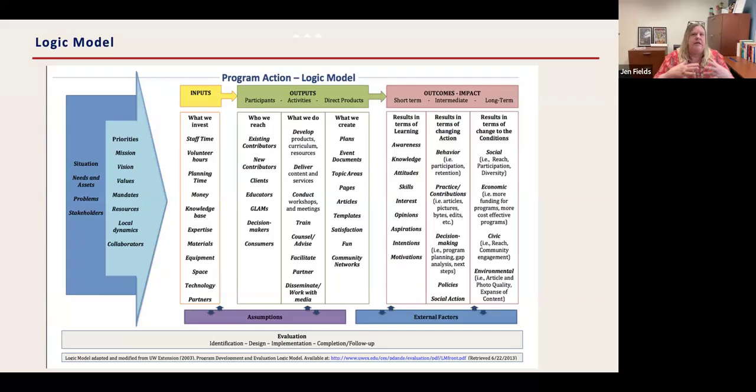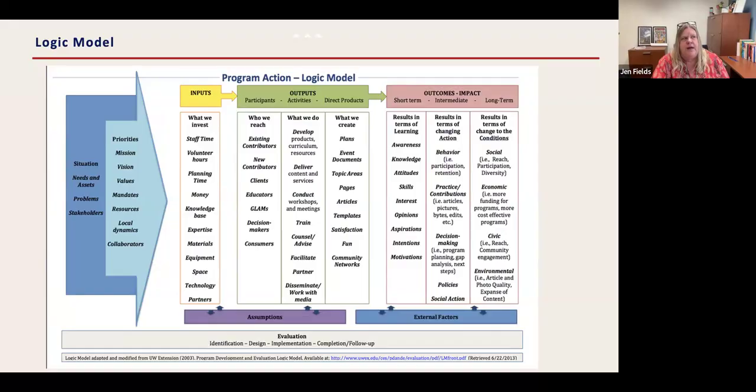You're teaching them a new skill. You're changing their interest, opinions, aspirations. Now I want to go to college and study science, you know what I mean? Those are short-term outcomes you set for your project. It's not all of these; this is just an illustrative example of some of the things you might be trying to do.